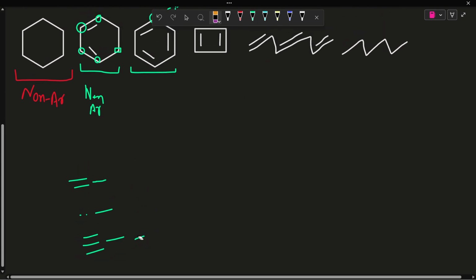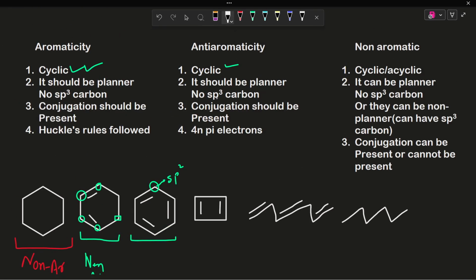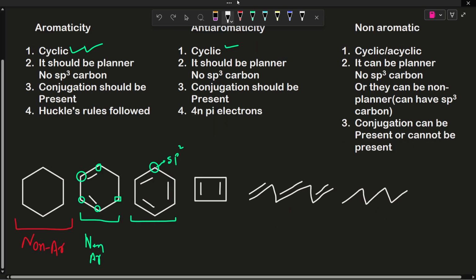Conjugation is not the topic of this video, but I showed you some conjugated systems. There are about 10 or 15 conjugated systems. So here you can see this is double bond, single bond, double bond, single bond, double bond, single bond, right? It is conjugation, alternate single and double bonds. So this is present.